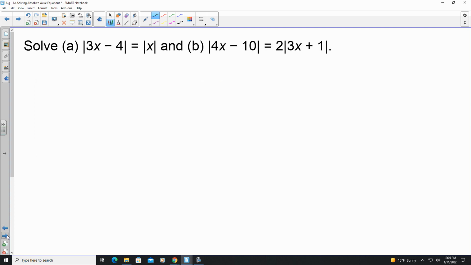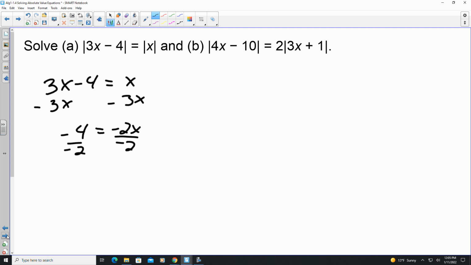Looking at the very first one, it says the absolute value of 3x minus 4 is equal to the absolute value of x. So essentially you could say, remove the absolute value bars and solve. So this is 3x minus 4 is equal to x. If I subtract 3x from both sides, I get -4 is equal to -2x, which means if I divide both sides by -2, x is going to be equal to +2.